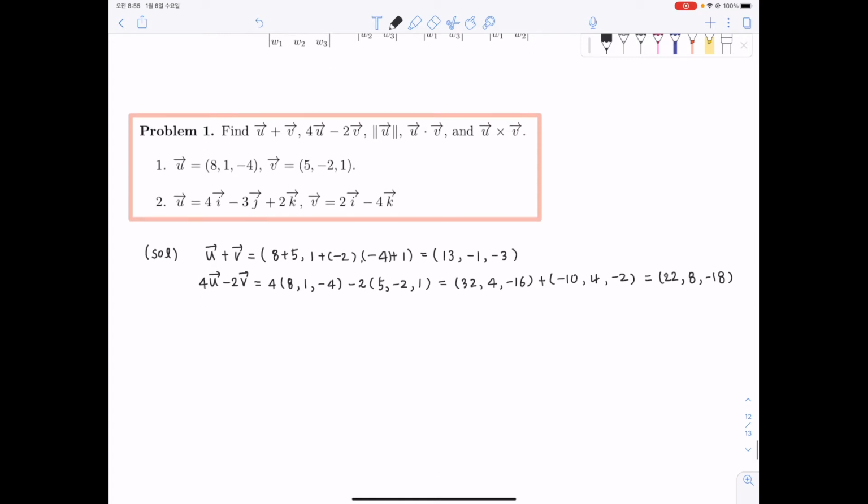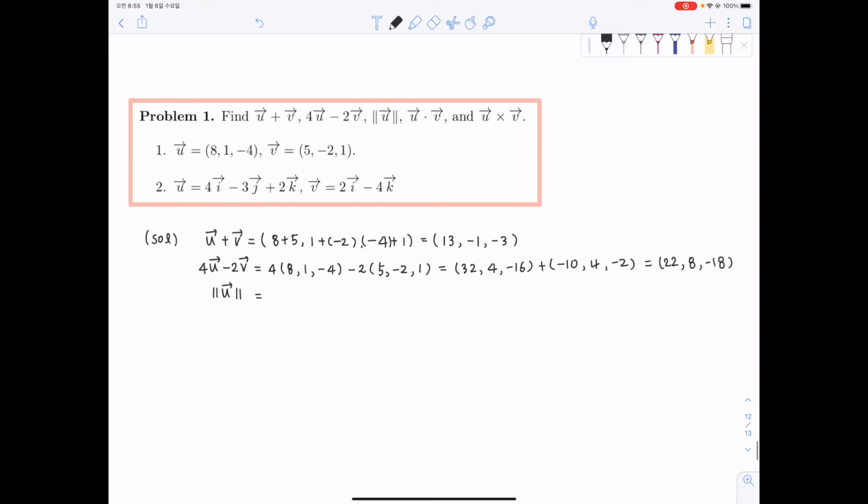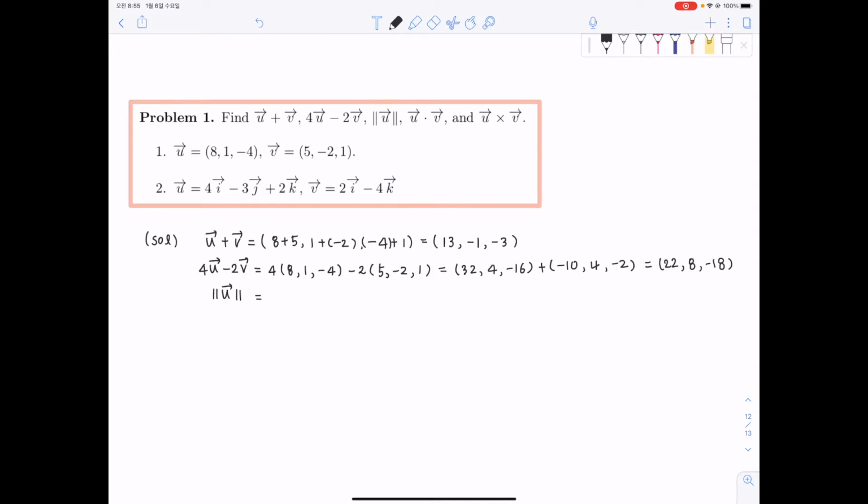Cool. And then we want to find the norm of u. You can calculate it by using the formula u1 squared plus u2 squared plus u3 squared.